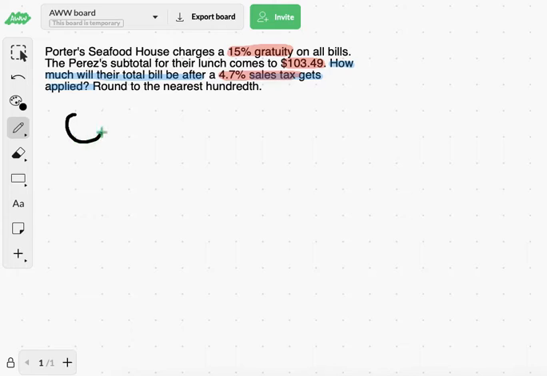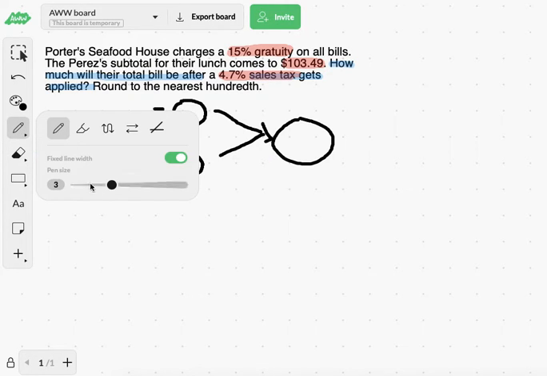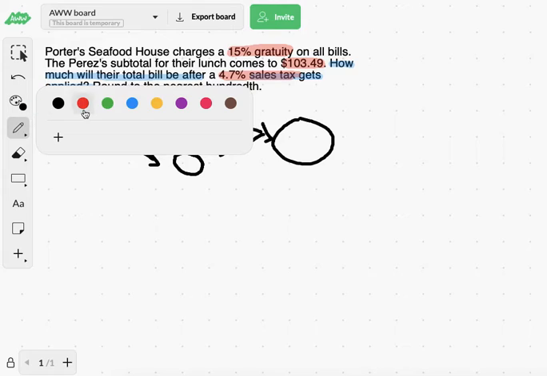You're going to have the original cost, then you have to determine the gratuity, and you have to determine the sales tax, and then once you put everything together, you get the final cost. So this is more like a four-corner calculation. Let's review very briefly what that looks like, okay?